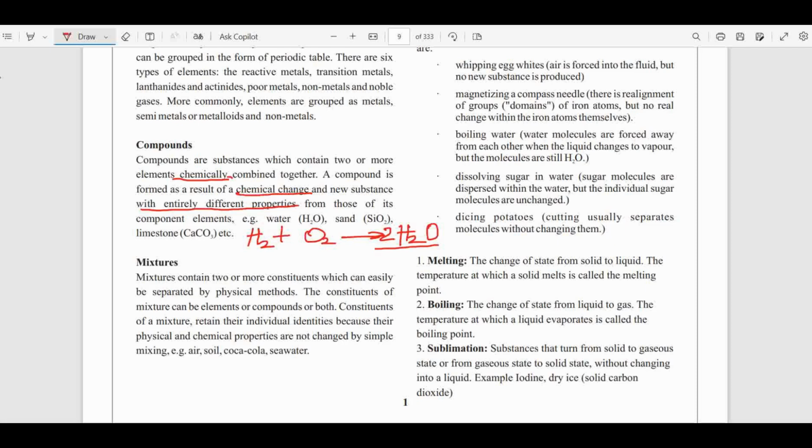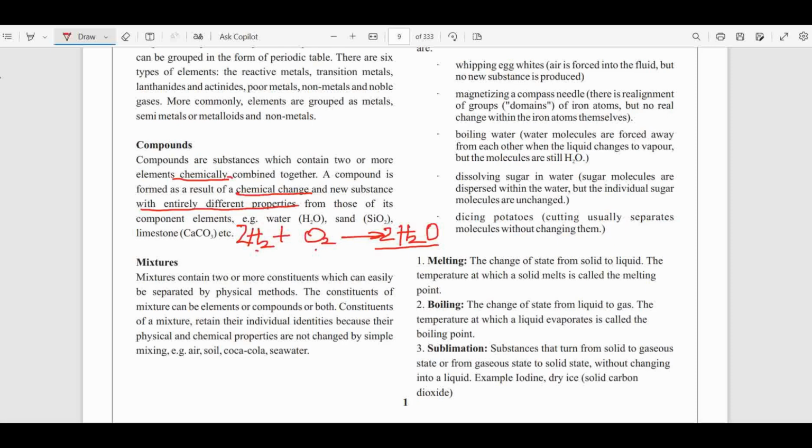So water behaves differently from hydrogen or oxygen, right? A new compound formed would have a distinct property different from the individual constituents of the compound.